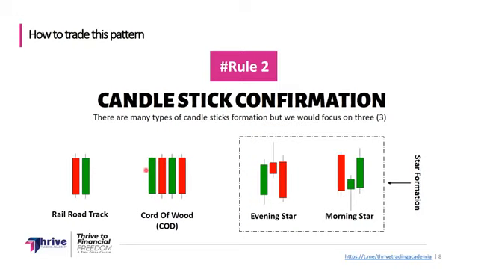So we also have the cord of wood. It looks like the railroad track, but this has up to 4 to 5 consecutive equal candles that look like wood, or like a forest, something like that, but they are very easy to spot on your charts. And then the last one, we have the star formations, which consist of the evening star, which is this one right here.